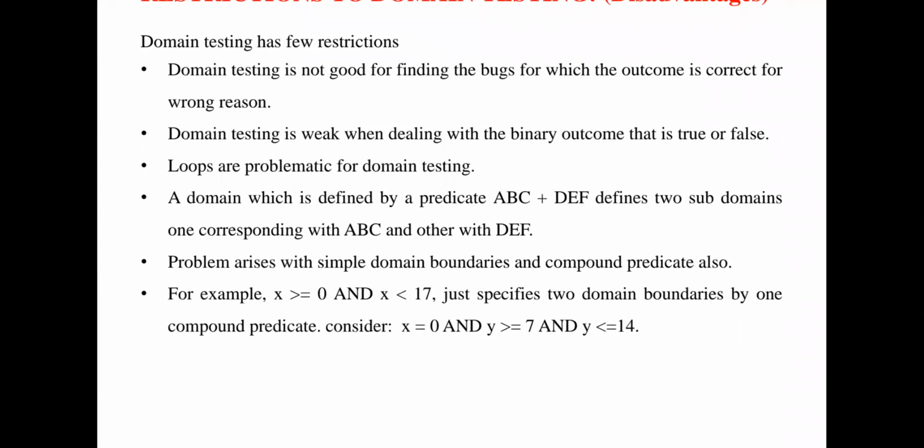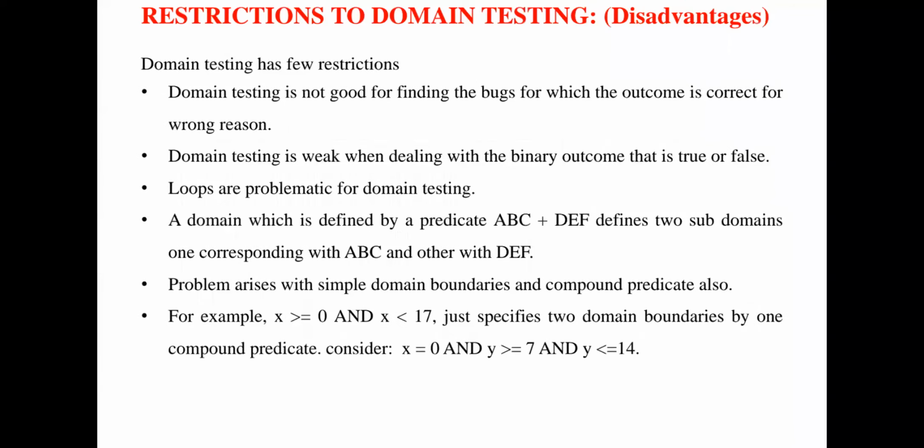This is a complicated predicate and a little bit difficult. This also results in wrong results. So using compound predicate boundaries produces wrong results. It is a little bit complicated. These are the disadvantages that will arise when you are doing domain testing.